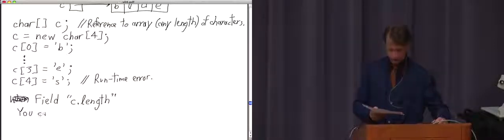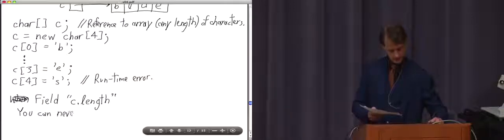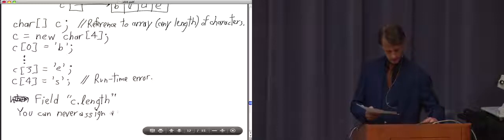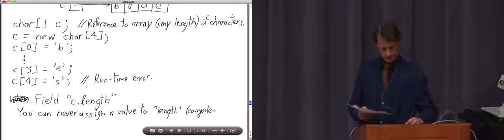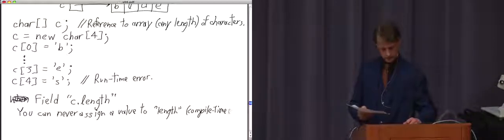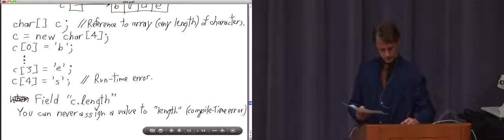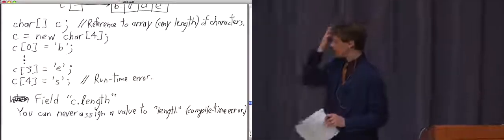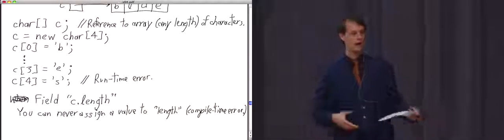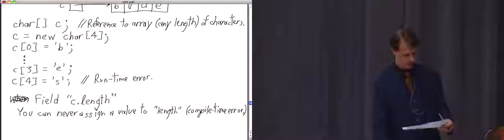You can never change this field, because if you try, you'll get a compile time error. But if someone hands you a string and you want to know how long it is, that's how you find out. You look at that field.